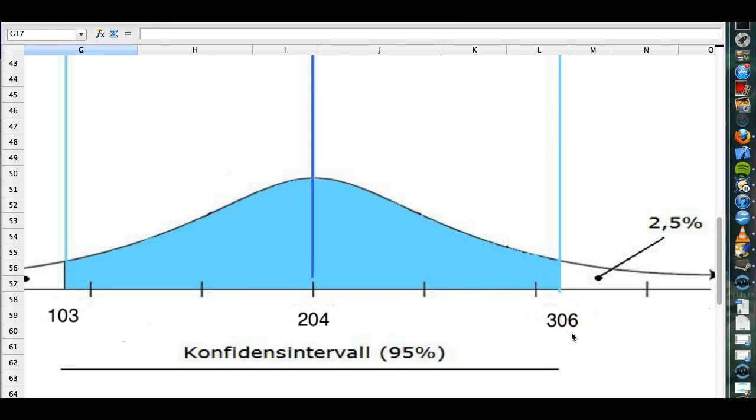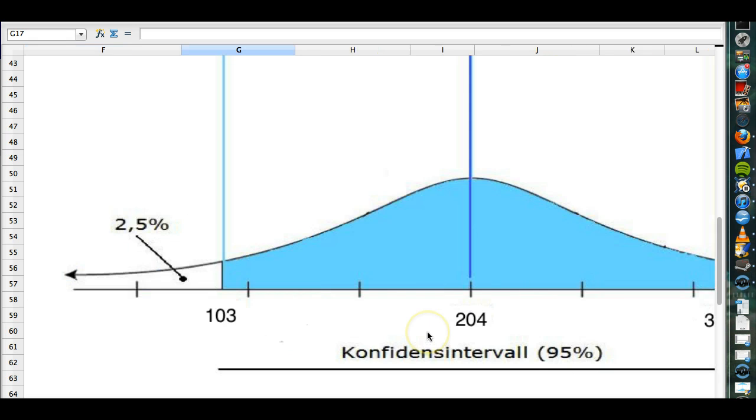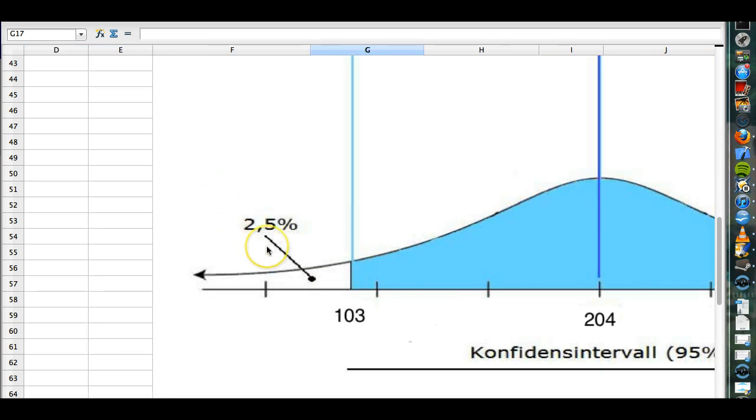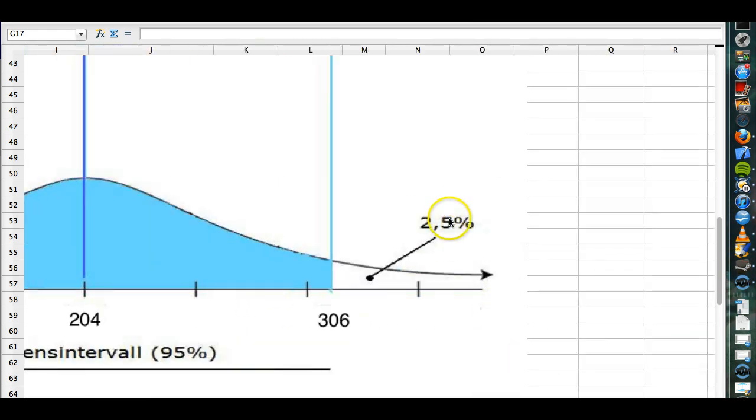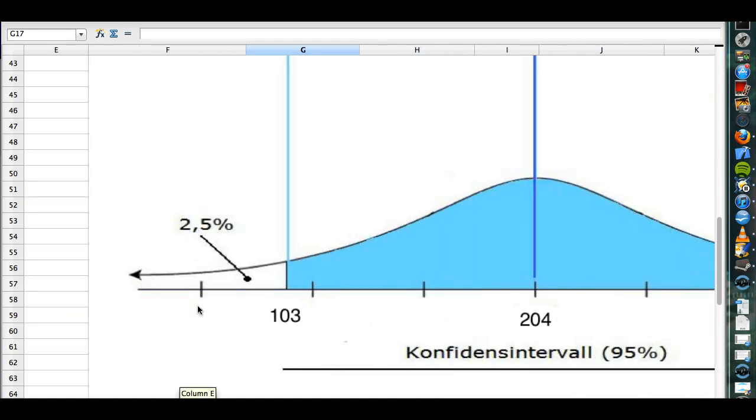And what this means is that if I conducted my sample 100 times, in 95 of these times I will get an average in my sample that is in between these critical points. And that also means that in 2.5% of my samples that I have conducted 100 times, I will get an average that is below 103, and in 2.5% of those samples I will have an average that is above 306.